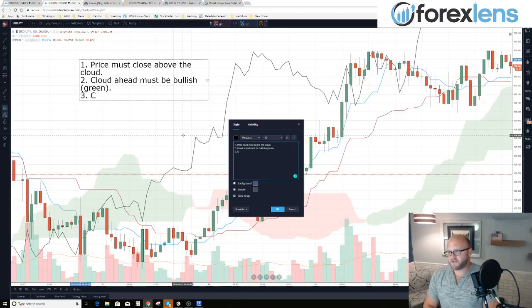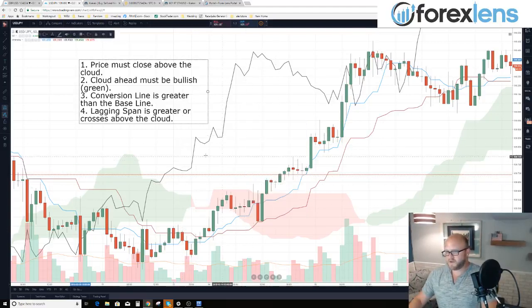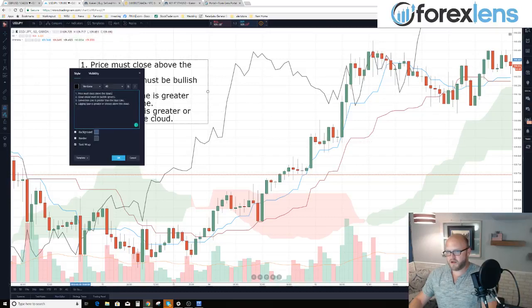Third is that the conversion line must be greater than the baseline. And fourth is that the lagging span is greater or crosses above the cloud. Okay, so those are our rules for going long.